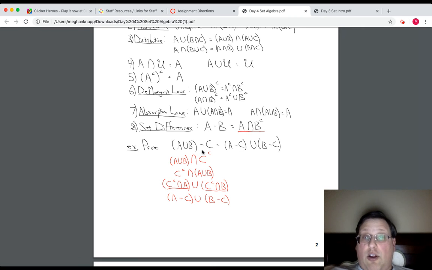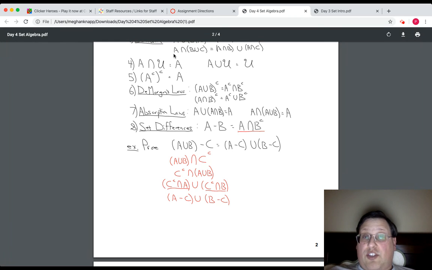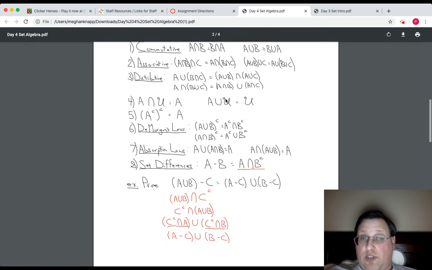So here, based on the definition of a set difference, which was right above this in the notes, I know that A union B minus C is the intersection of the union and the complement of C. Then, using that, we can distribute. You see those notes a little bit further above here.